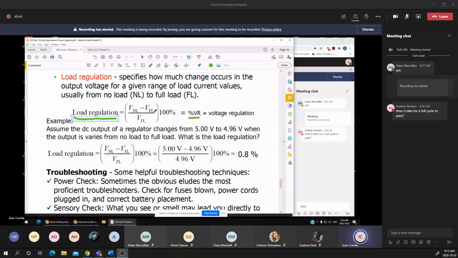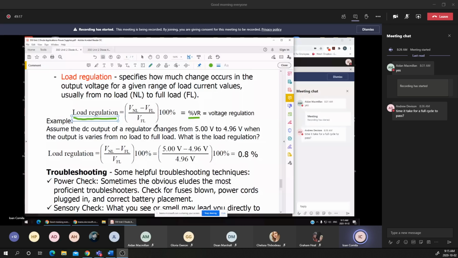What do full load and no load mean, again? No load means that there is nothing connected on the output, and the full load value is the nominal value, or the maximum resistance that can be connected on the output of the power supply to maintain a maximum current.